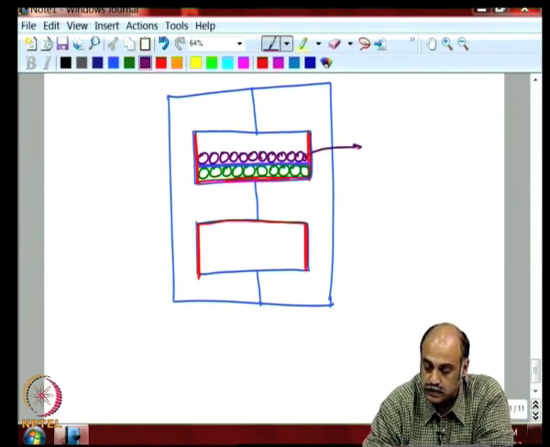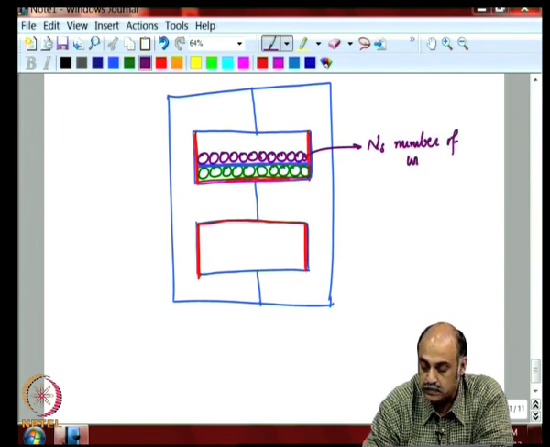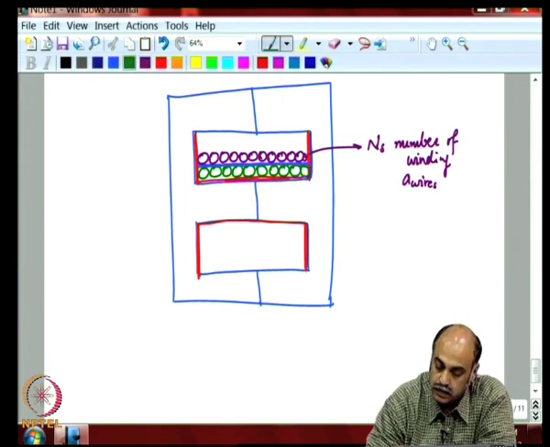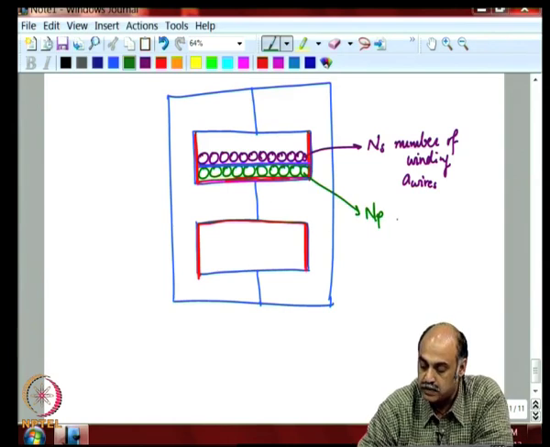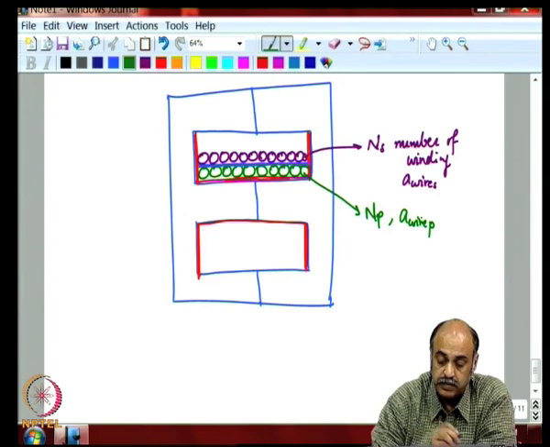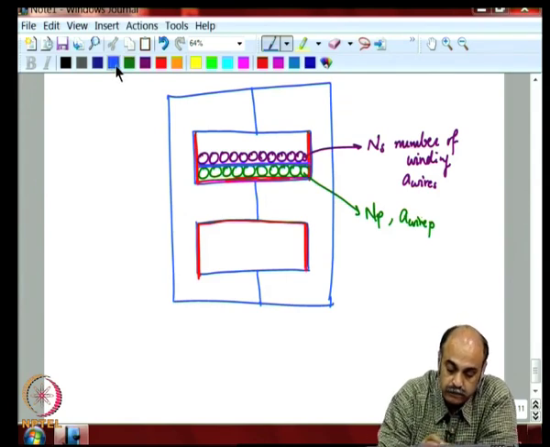So, let us say this is NS number of windings of cross section area A wire S. These are NP number of windings of cross section area A wire P.